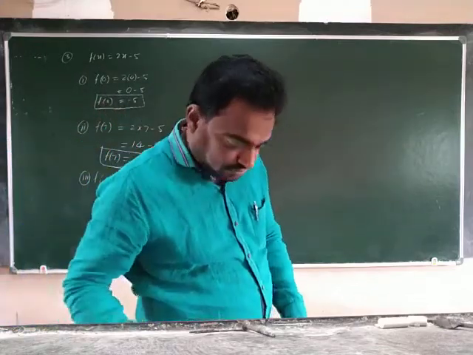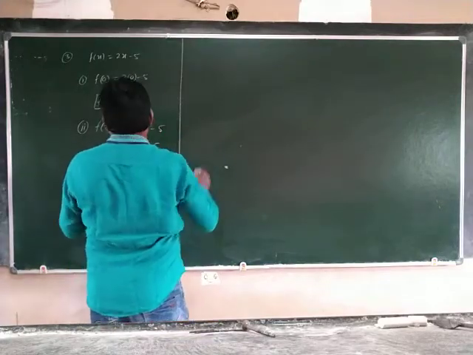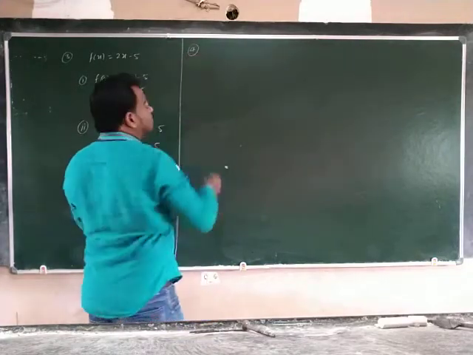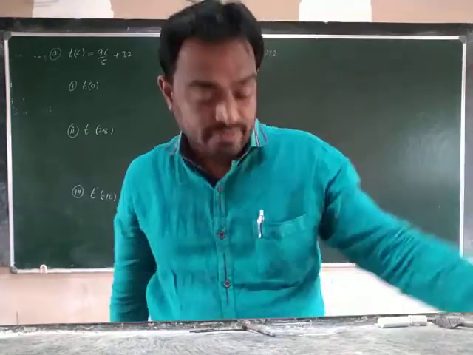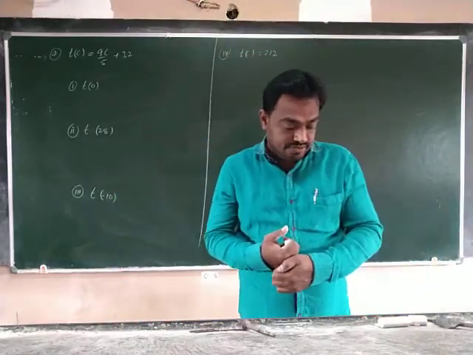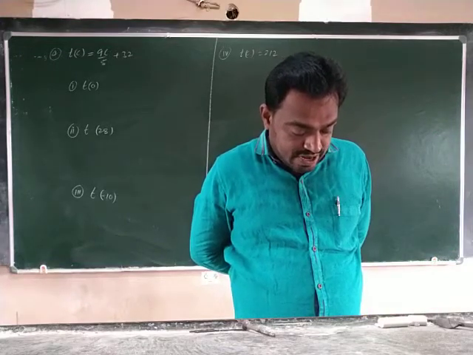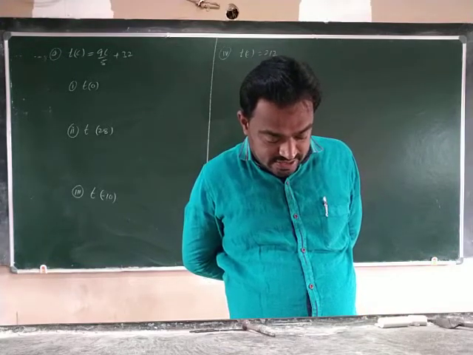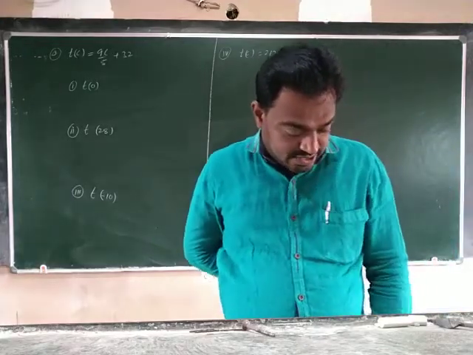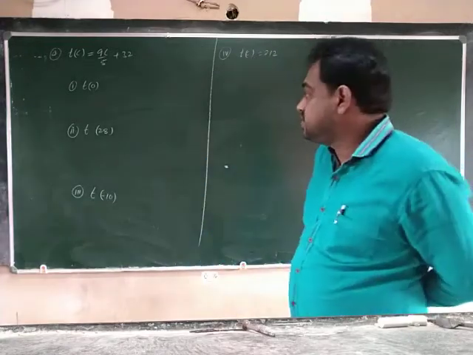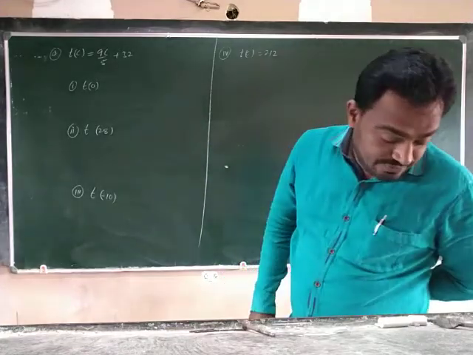Next, fourth question. The function T, which maps temperature in degrees Celsius into temperature in degrees Fahrenheit, is defined by T of C is equal to 9C by 5 plus 32.